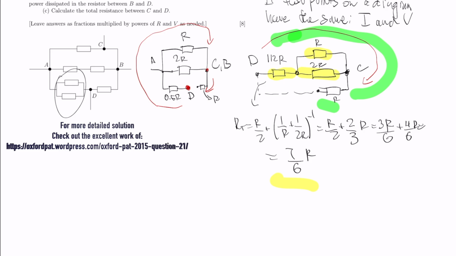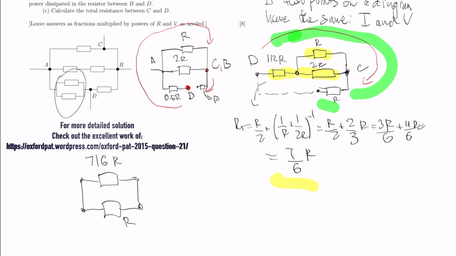The way to tackle these is because we've already found the entire bit above, we can represent this by a resistor of value 7 over 6r, which is in parallel with another resistor of resistance r, like that.